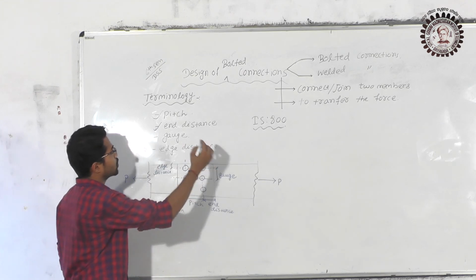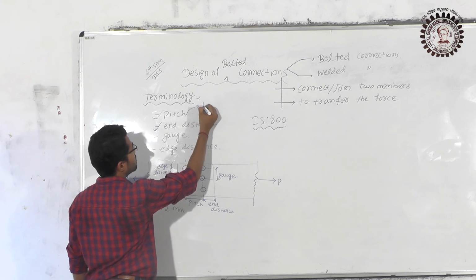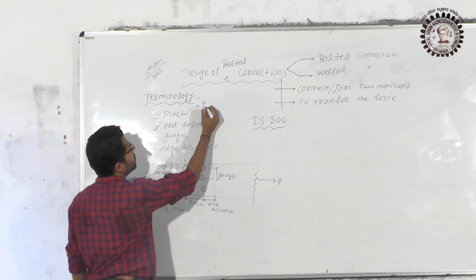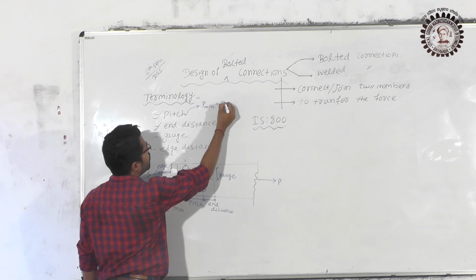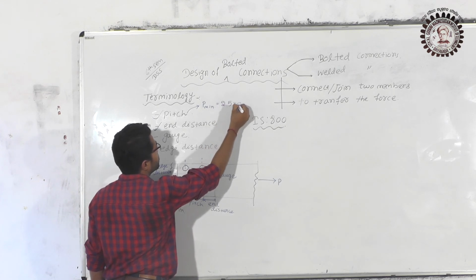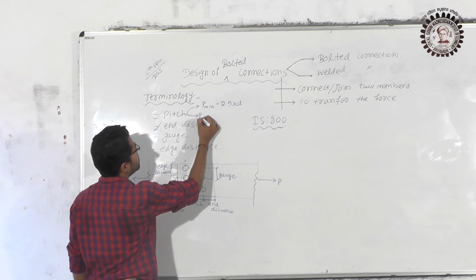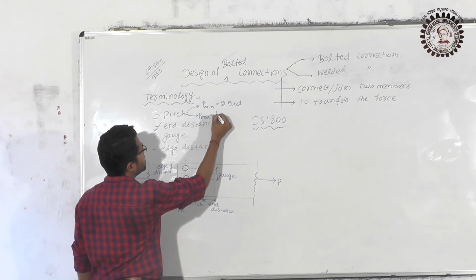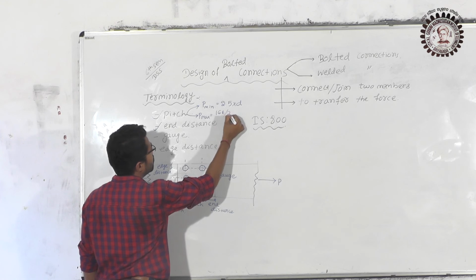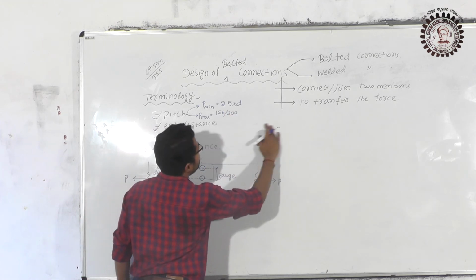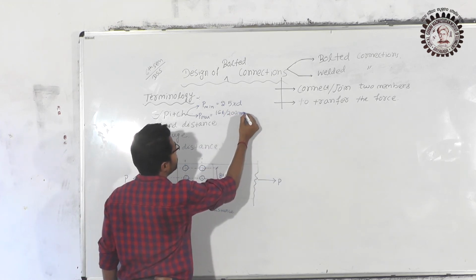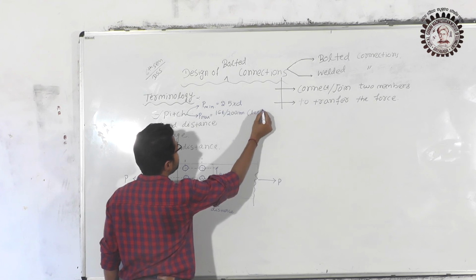As per IS code, minimum pitch, let's say that is P. P minimum should be equal to 2.5 times D. And what is P maximum? P maximum equal to 16T or 200 mm, whichever is less.